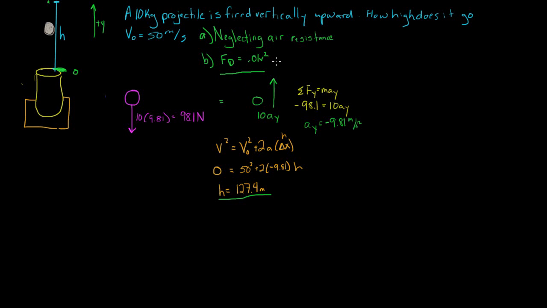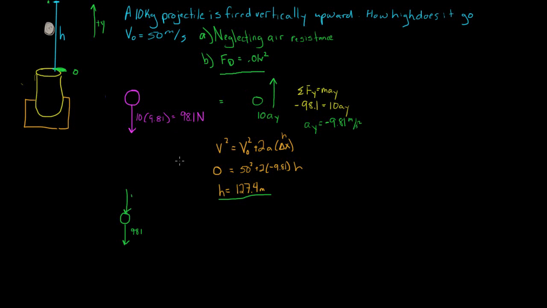Okay, let's look at part B. For part B, we need to draw our free body diagram again. The same force, this 98.1 newtons, is acting down, which is still due to the weight times gravity. And we also have another force which is acting down, which is this force of air resistance.